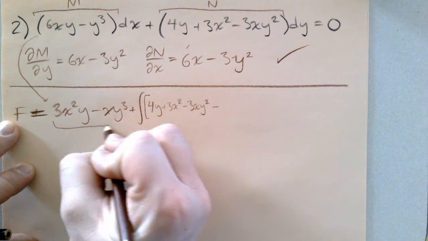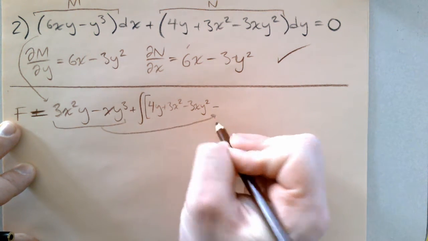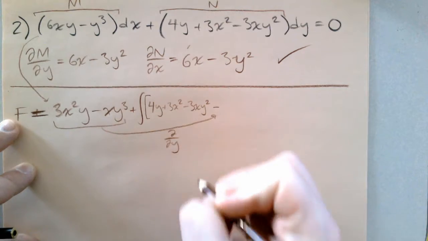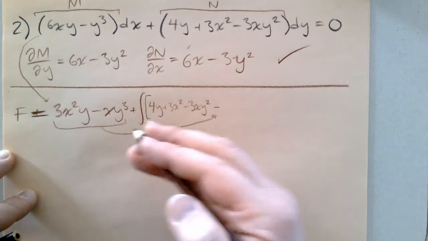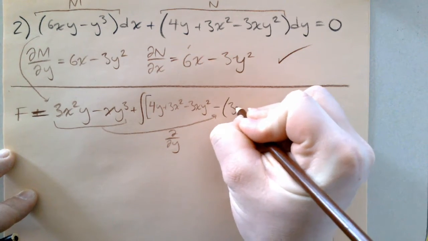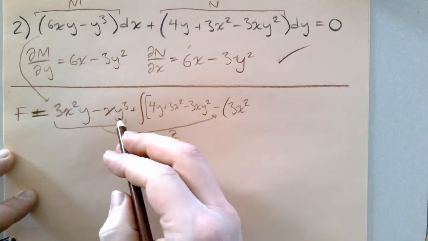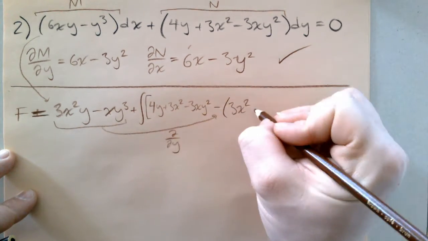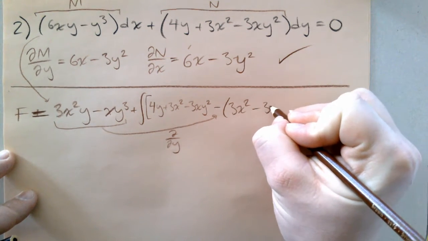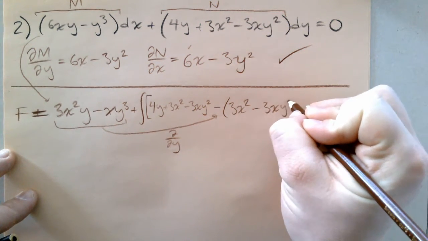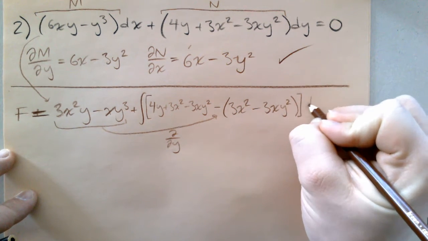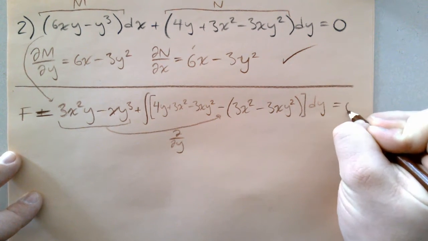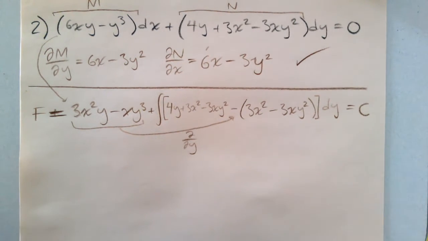So if we just think about this term, say we're going to do a partial with respect to y, we can write out that 3x squared y, the y will just drop out, and an xy cubed, the y will come down, leaving us with a squared and a 3. So 3xy squared. And all of that closed off as dy. That'll be equal to our constant c.